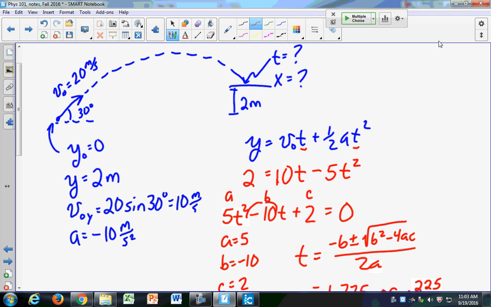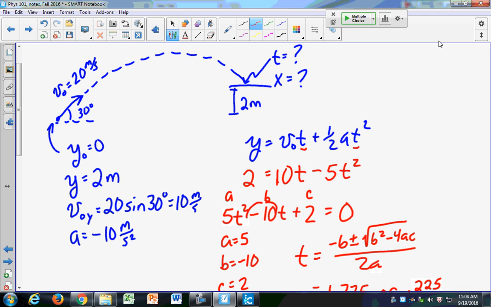These are two valid times. That is that the object is at 2 meters at 1.775 seconds and 0.225 seconds. So when is it at this position? The longer time. Because notice it has another position over here. And that's why we always get two times, unless we're at the top, because it's there only once.